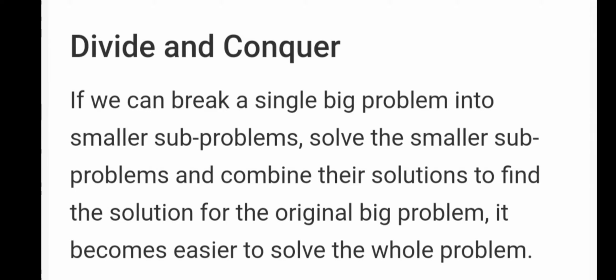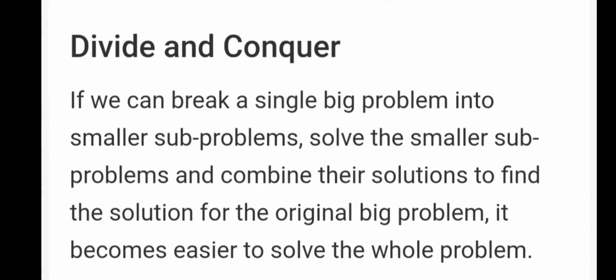So to solve the whole problem very easily, you can divide the whole problem into smaller subproblems, like first row is assigned to someone, second row is assigned to someone, third row is assigned to someone, fourth row to one person, fifth row and sixth row. So the whole problem can be divided into 6 subproblems. Each subproblem can be assigned to a single person.